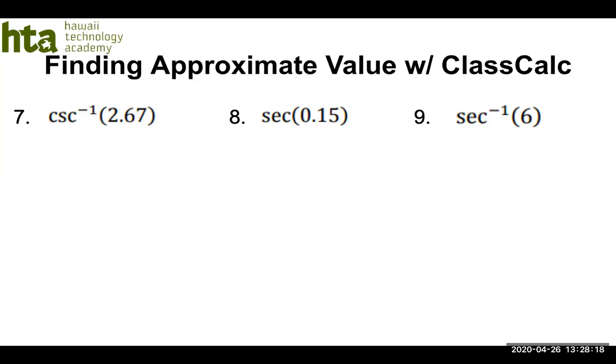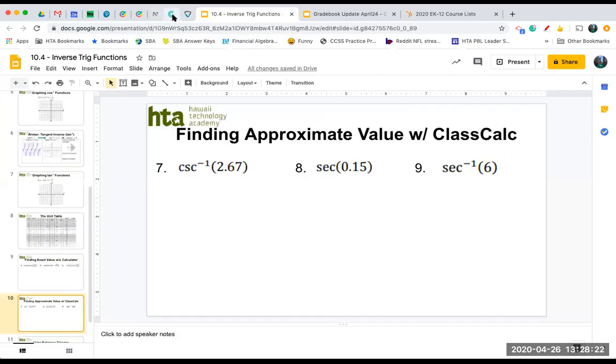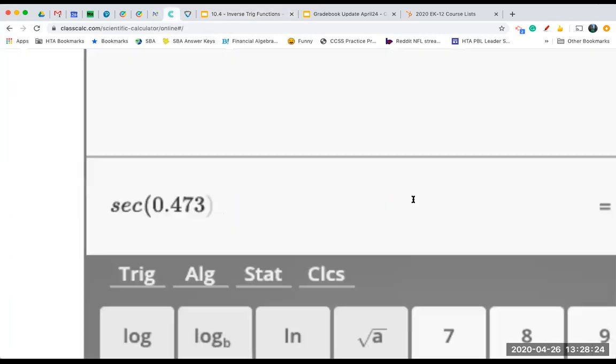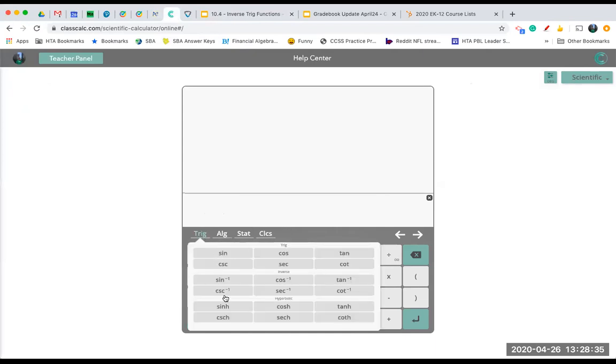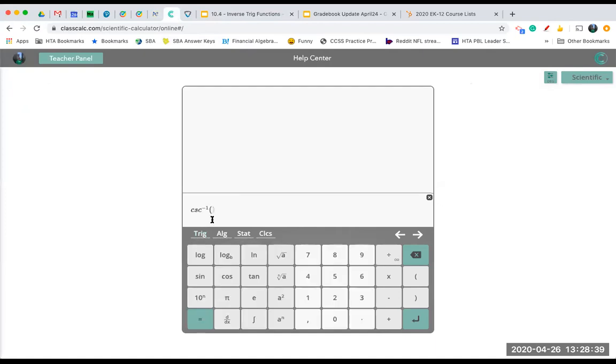So go into ClassCalc, and we're going to type in cosecant inverse. Well, one, we're going to make sure our settings are to degrees because we're doing degrees. Make sure it's degrees. And we're going to go trig, cosecant inverse of 2.67.